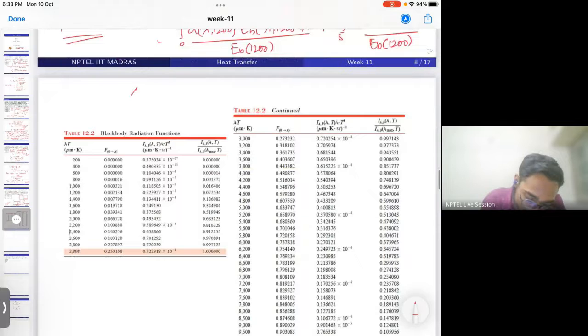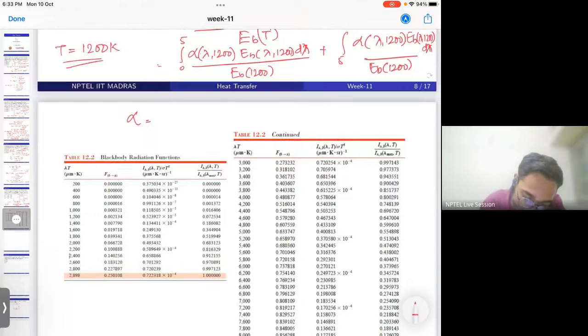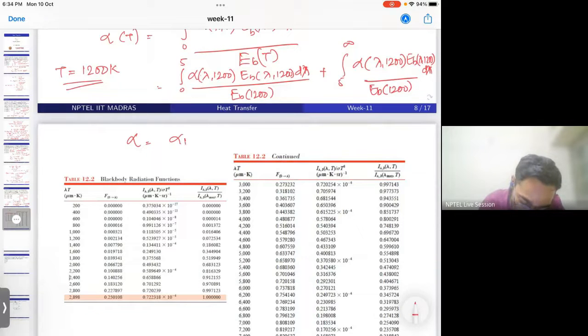So alpha is equal to alpha 1 times the integral 0 to lambda 1 of E lambda at T d lambda divided by Eb at T, that is the black body radiation function f 0 to lambda 1, plus alpha 2 times f in the region lambda 2 to infinity.